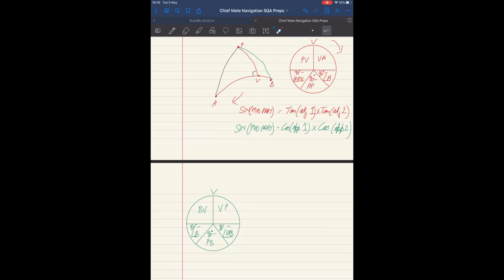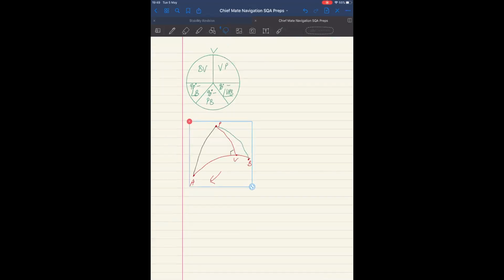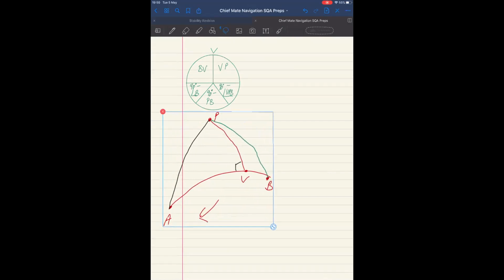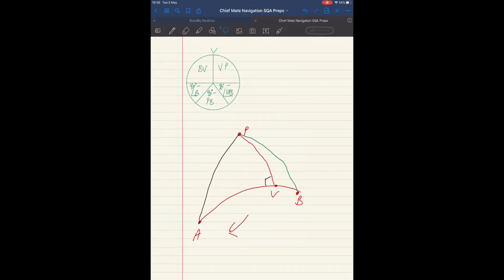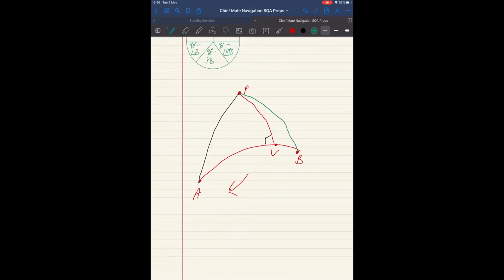If I make this diagram again, I will simply copy this diagram, paste it, and enlarge this image. I'll make a line for the equator. So this was my equator.